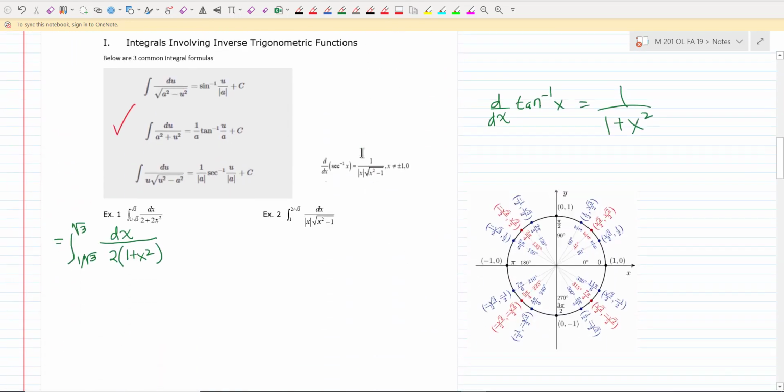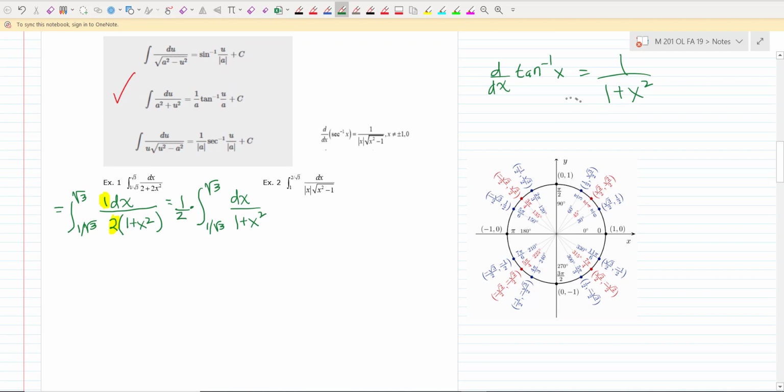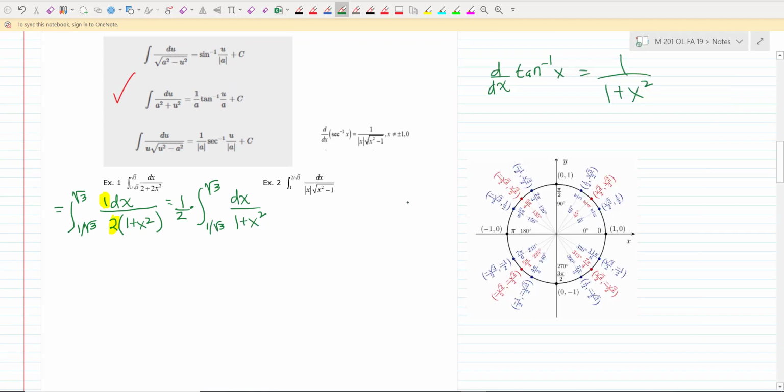The more familiar you are with these formulas, the better off you are. Well, this is a constant. If I put that 1 in front of dx just to emphasize this, then you can pull that constant out of the integral, like we've learned. So then we end up having an integral we know, which is just this. If you have 1 over 1 plus x squared, then you're going to end up with inverse tangent.